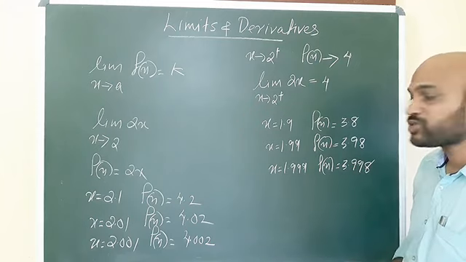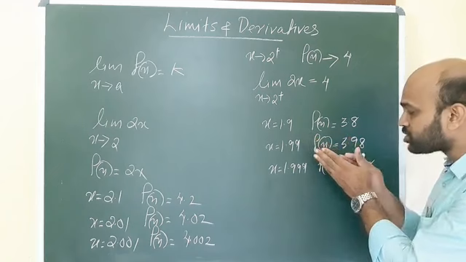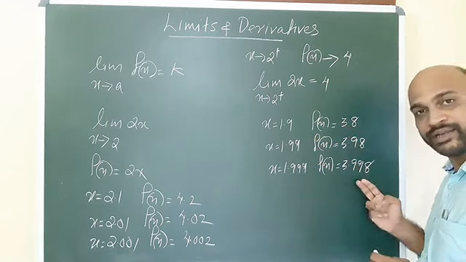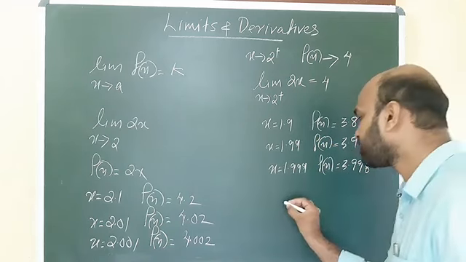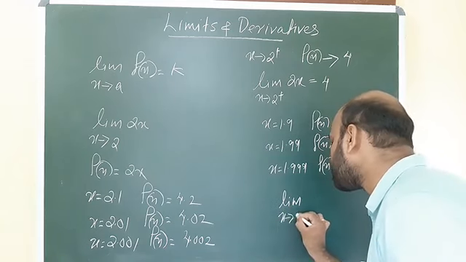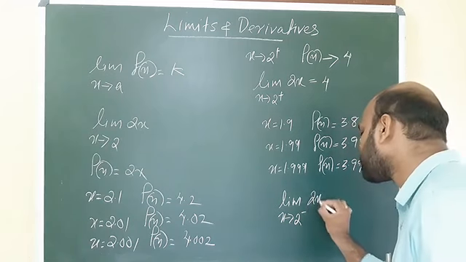So what is the conclusion? When x takes values very near to 2 from the left hand side of 2, the function takes values very near to 3.8, 3.98, 3.998. That means the function is approaching 4. Therefore, we can write like this. Limit x tends to 2 minus of 2x.